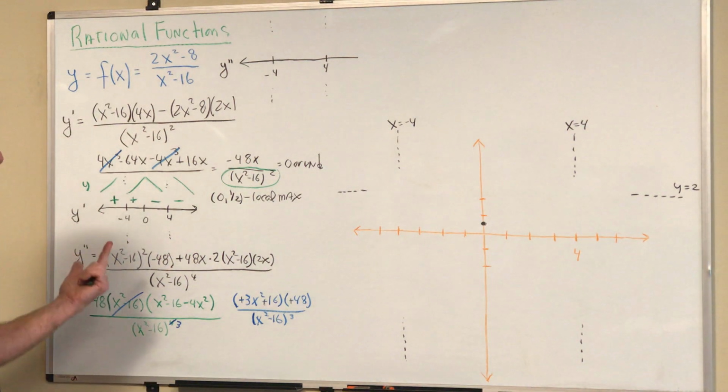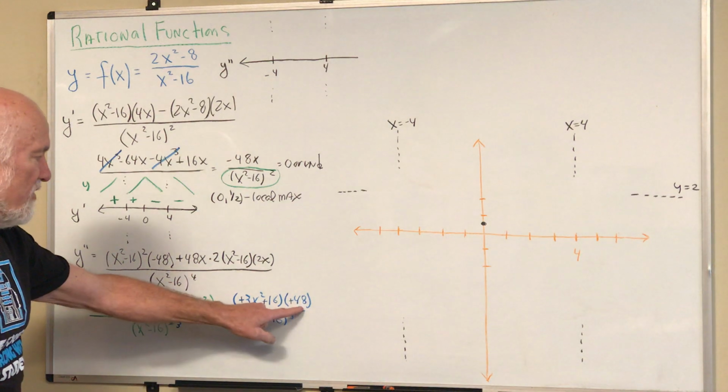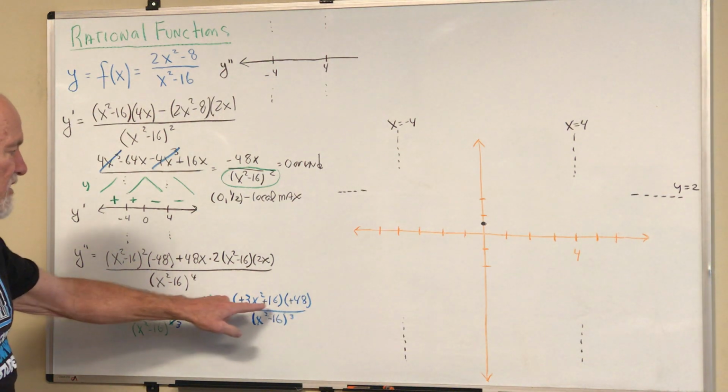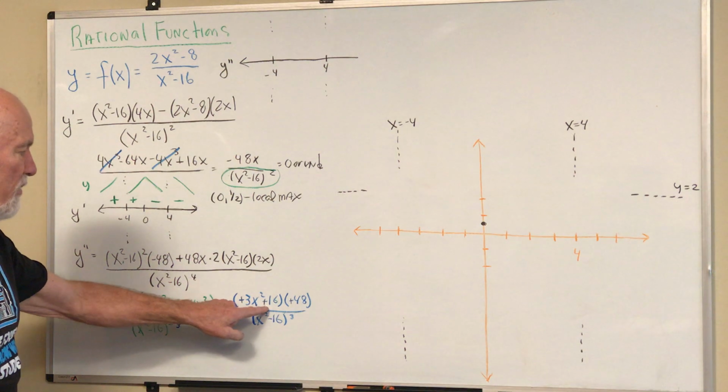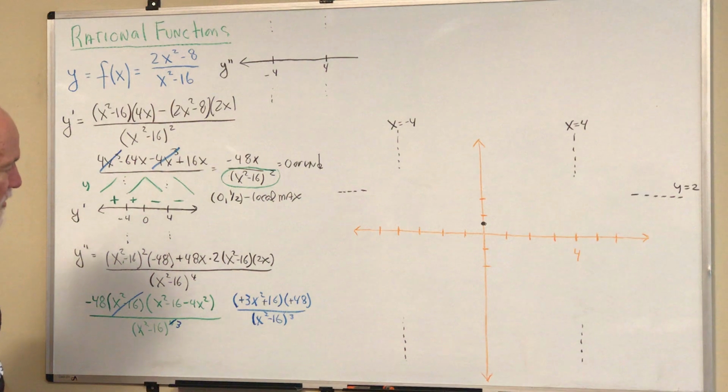But they're asymptotes, so they're not going to be points of inflection. And you see the numerator, everything is positive. 3x squared plus 16 is never going to equal 0. So there are no other critical values.